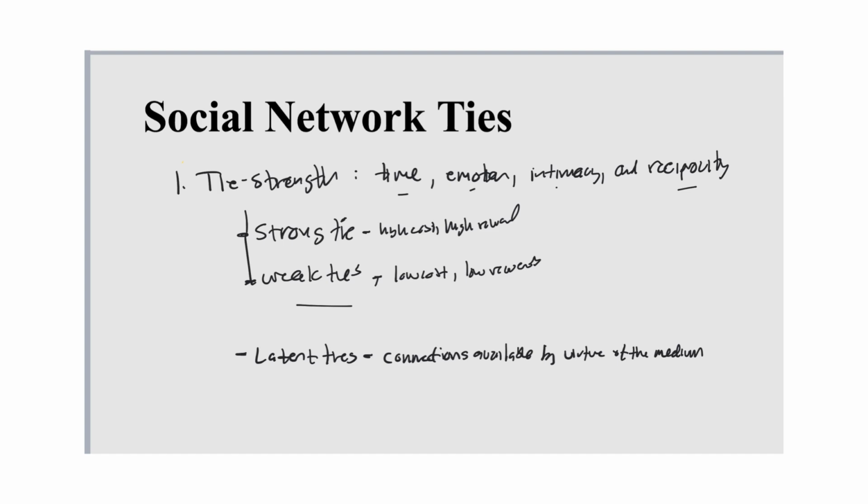So a latent tie might be on Facebook, for example. There might be a list of suggested friends whom you sort of know, but you've never added as a friend, and whom you've never talked to on Facebook. You've never interacted with them. So a latent tie is somebody who the connection is there, but you never activate it or act on it.